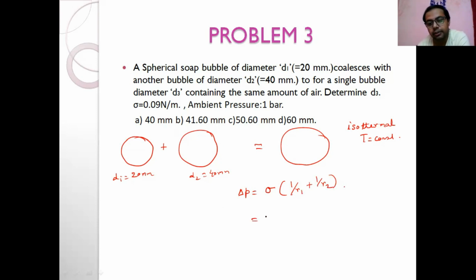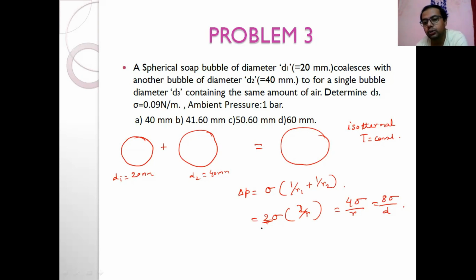So this will become twice sigma into (1 by r plus 1 by r), so 4 sigma by r, or 8 sigma by D. You can write it down. Delta P. Why twice here? Because there are two interfaces: liquid with air outside, liquid with air inside. So that's why it becomes twice.